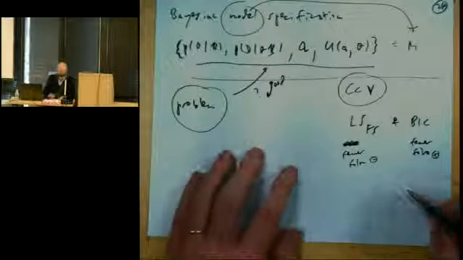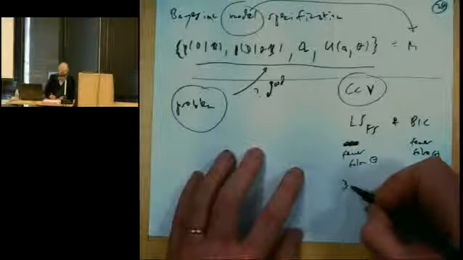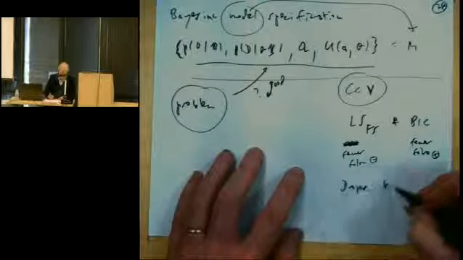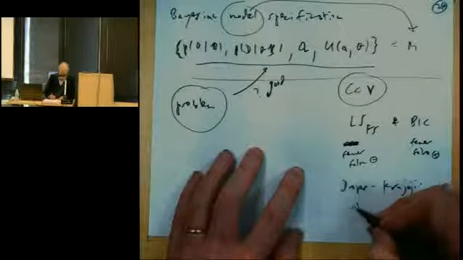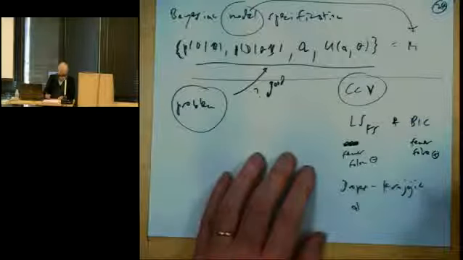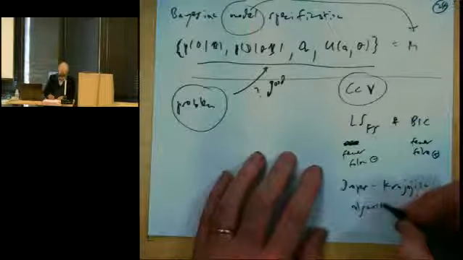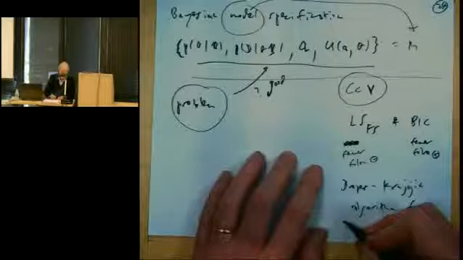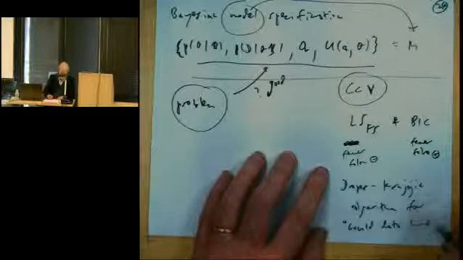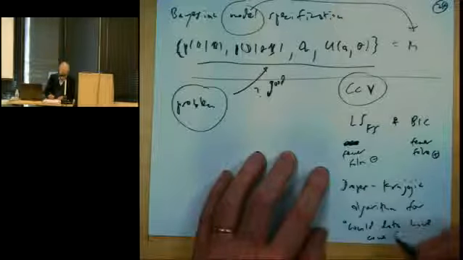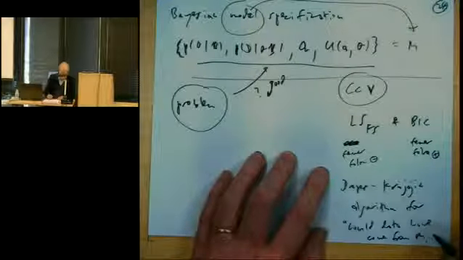I draw to your attention the Draper-Kern-Yaich algorithm for answering the question, could the data have come from this model? Could the data have come from model 1?